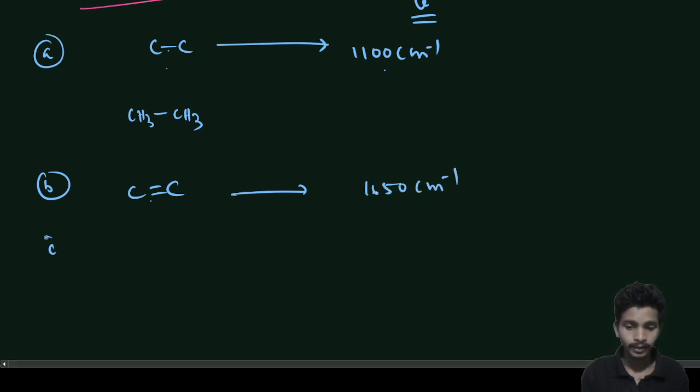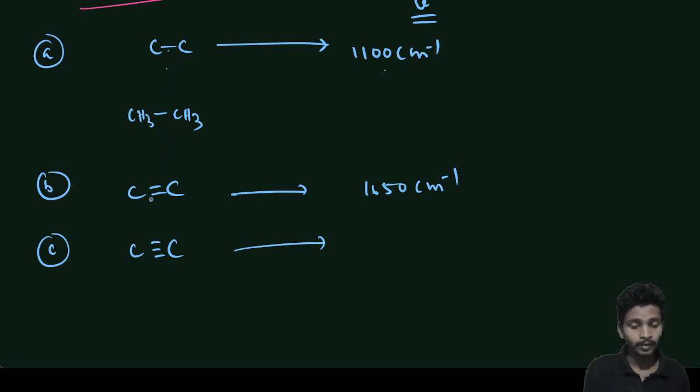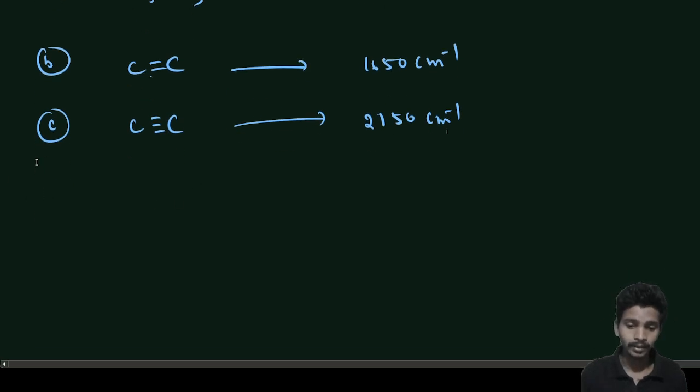For a C triple bond C, the value increases again to 2150 centimeter inverse.